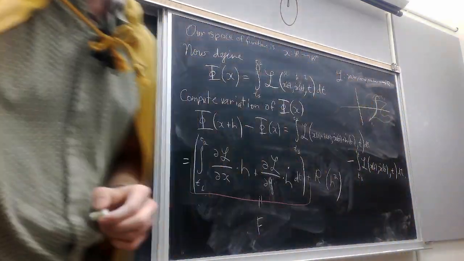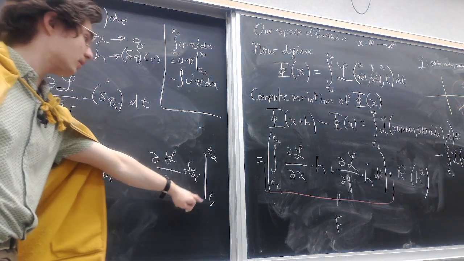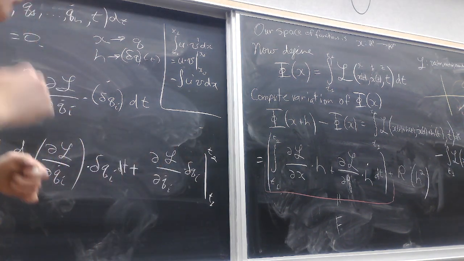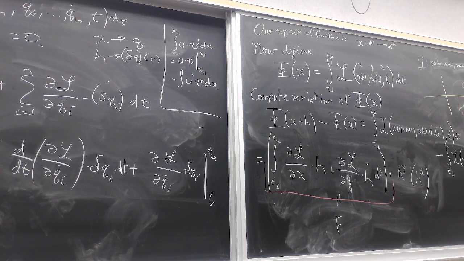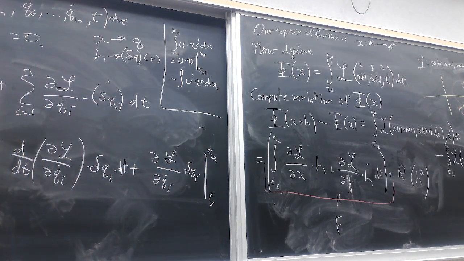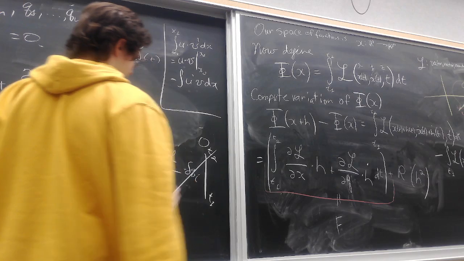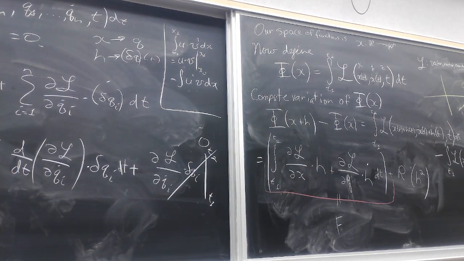This means that this delta qi term has to be 0 at t1 and t2, right? Because I'm saying, let's find a q such that if I was to add a little delta q, the variation is 0. But I want to make sure that when I add the delta q, I still satisfy all of my conditions. So this delta q has to go to 0 at t1 and t2. So it's not changing the endpoints. So this is going to go to 0. So now I'm just left with this.